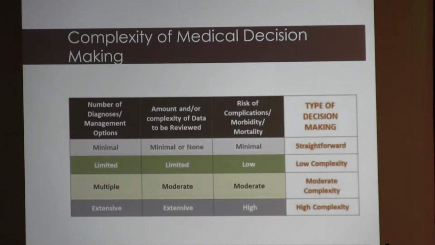So, the number of diagnoses is one of the postulates for medical decision making. The data that's reviewed is another postulate. And the risk for complications and morbidity and mortality.